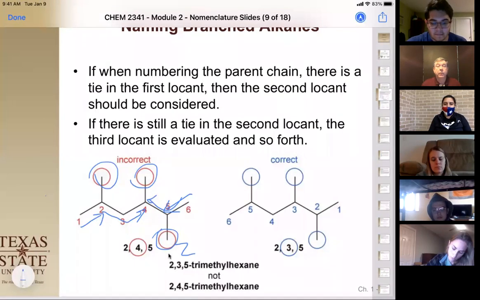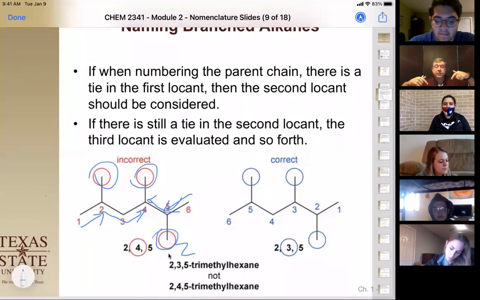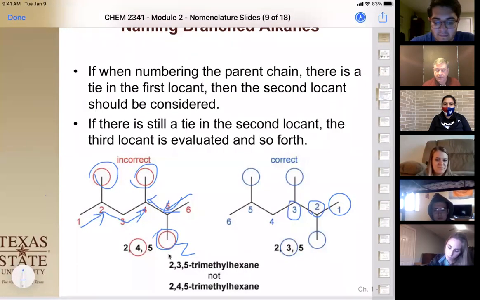Okay, so we did the first rule where we got to the lowest number for the first substituent, and that was still ambiguous. So we have to go to this next substituent. That means we have to label it from this side. So we have the lowest numbers of 2, 3, followed by 5.